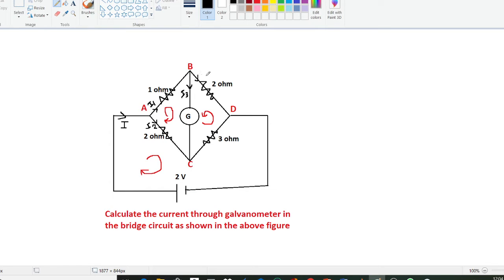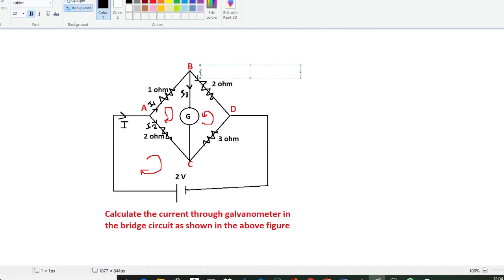The current flowing through this branch will be, here this is I1 and this is outgoing I3. So obviously, you can write the current flowing through this branch will be I1 minus I3. So it will be I1 minus I3.